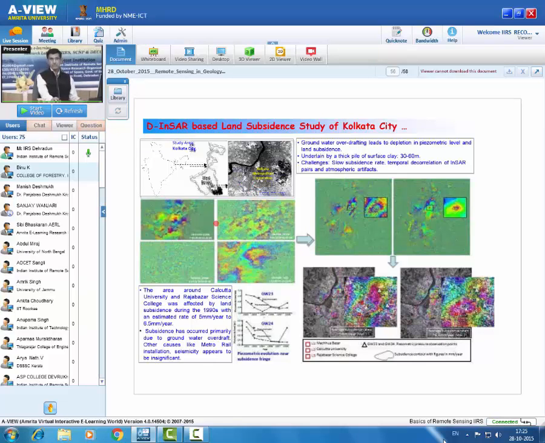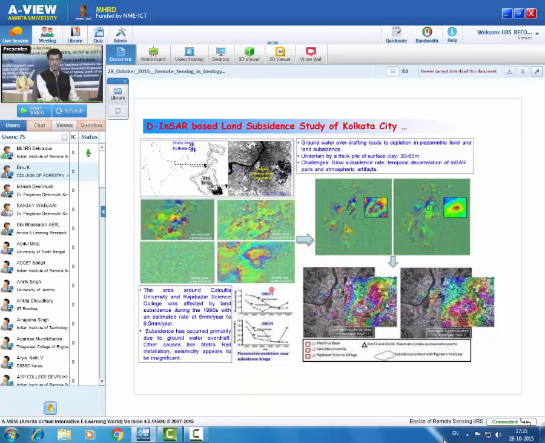In the case of Calcutta city, we have made a nice attempt, and this is the differential interferogram we have made. Based on some advanced processing, we have identified this area which was slowly subsiding, and the subsidence rate at the time of our observation was around 6 to 7 millimeter per year. That we have compared and validated with respect to the groundwater level depletion scenario.